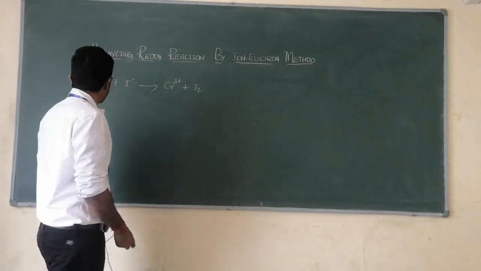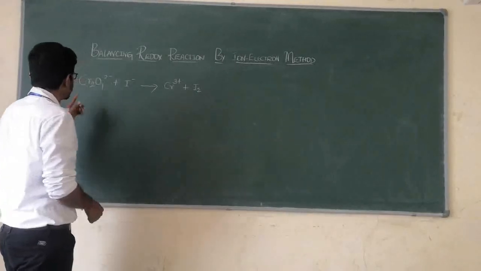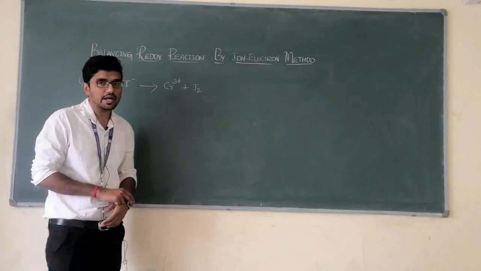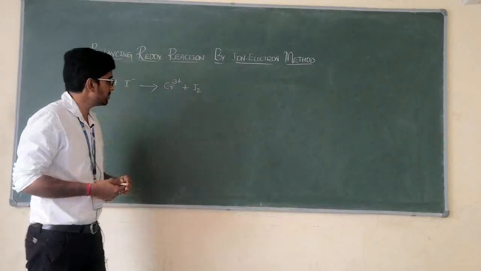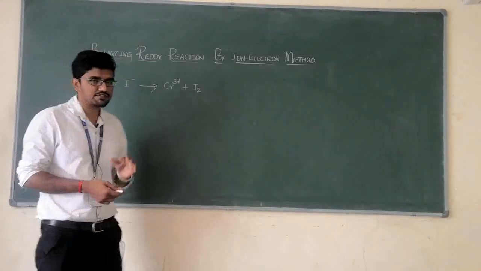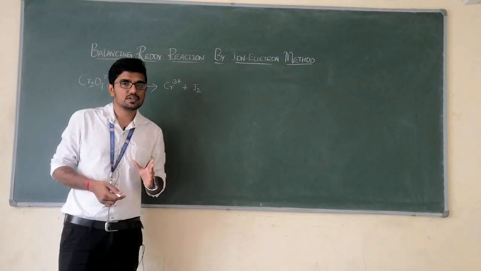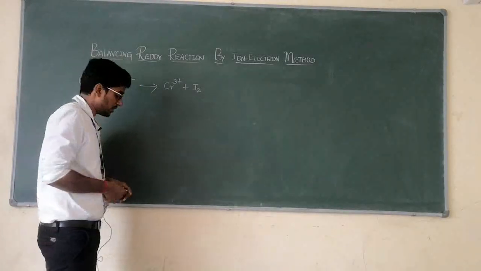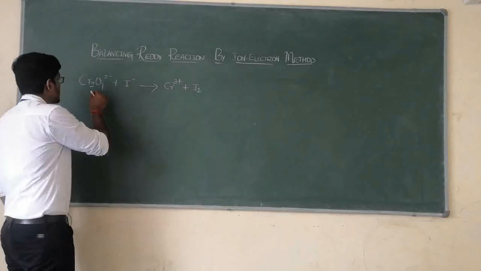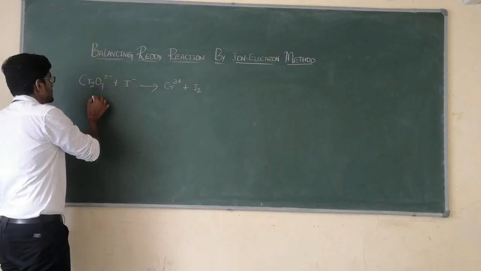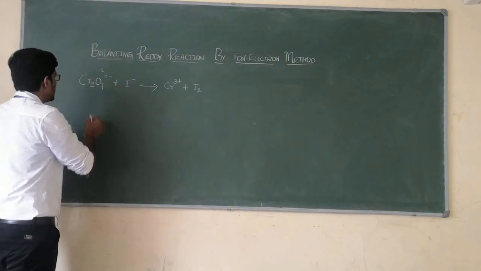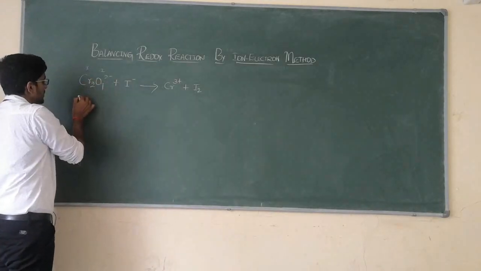Here is our ionic equation: Cr2O7 2- plus I- forming Cr3+ and I2. Let us first go through how to balance the redox reaction. The first and foremost step is to write the oxidation number of each atom. In Cr2O7 2-, the oxidation state of oxygen is -2 and let chromium be x.